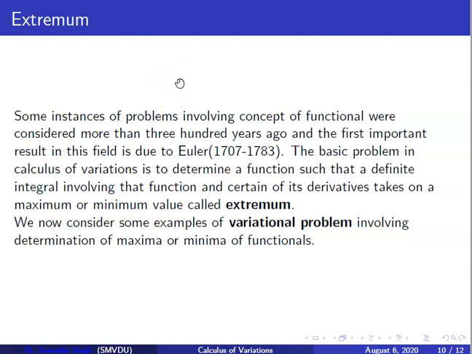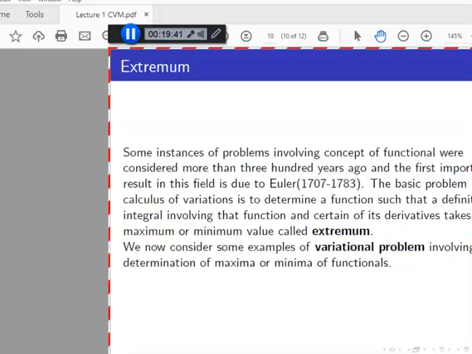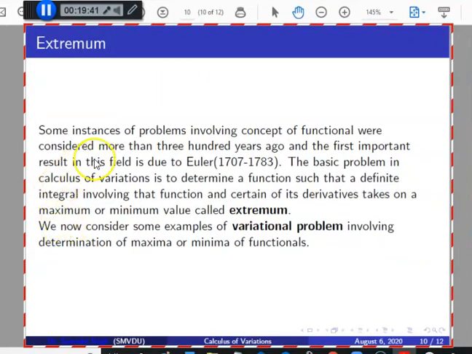So in the calculus of variations, we can find the minimum or maximum function, that is called extremum. Usually in calculus we say point of maxima or minima, but here the function itself, that is called extremum. And the problems in which we desire extremum are called variational problems.